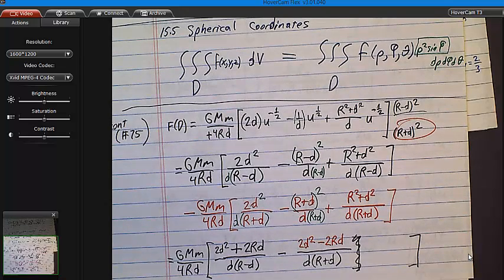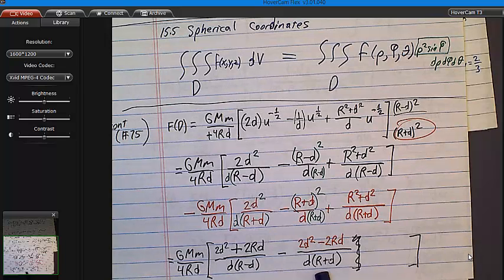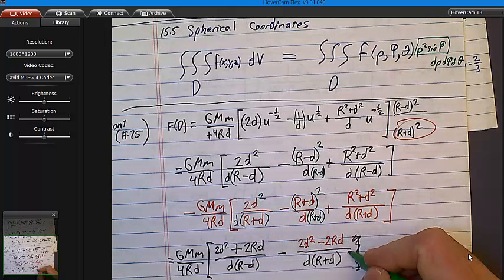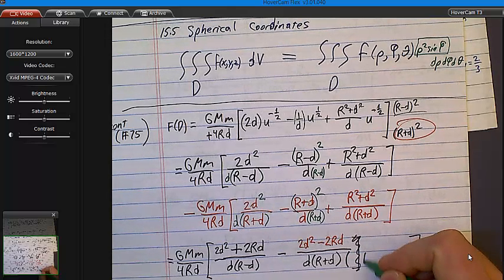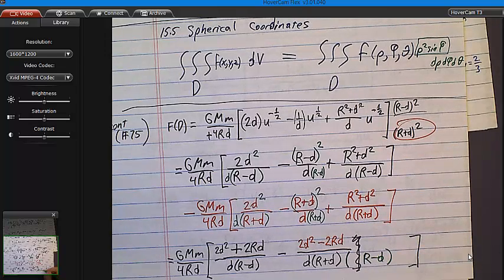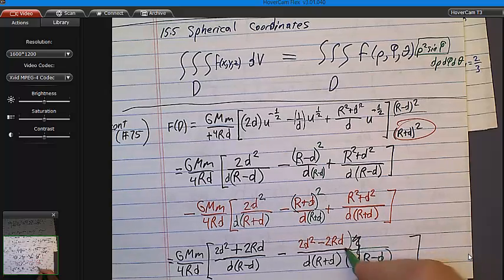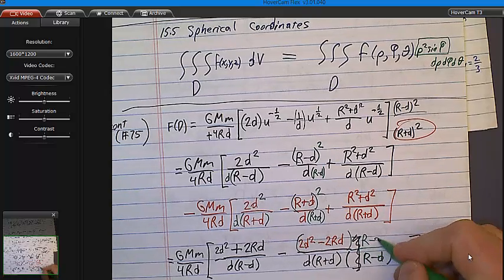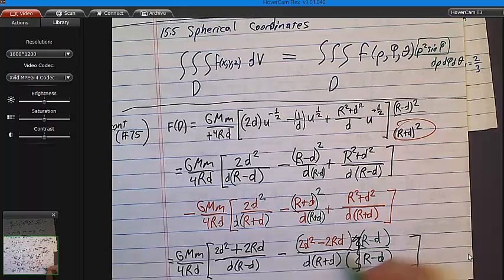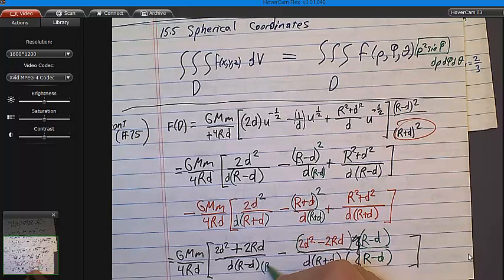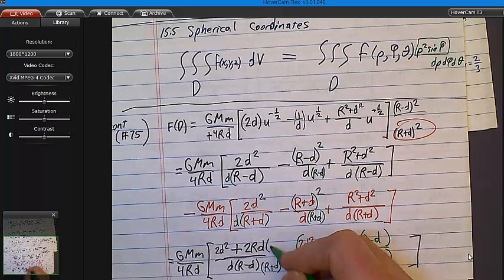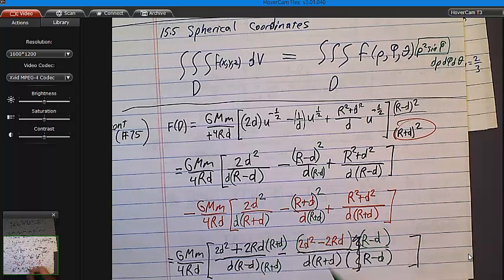What's the common denominator? d times r plus d times what? d squared times r minus d times r plus d. Well, we don't need the d squared. We could just stick with the d. But we do need to multiply this mess by r minus d over r minus d, and we do need to multiply this mess by r plus d over r plus d. Okay? And that will work.